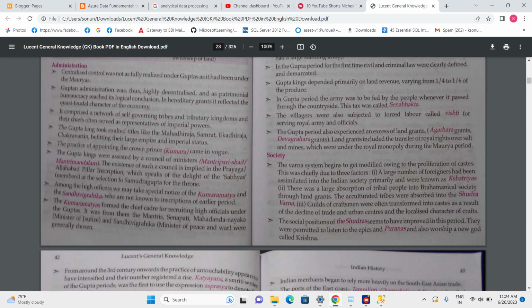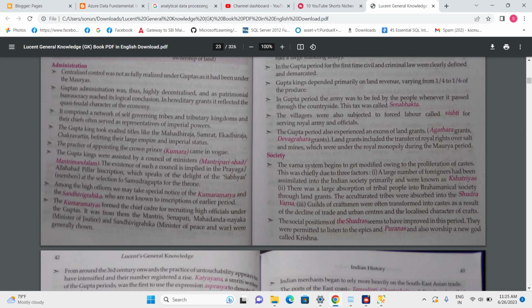Bali was the type of tax in which sometimes kings used to impose some additional tax. Then Uparikara, an extra tax levied on all subjects. So this was also a tax. In the current day we have excise duty and some customs tax. So at that time also there was one tax, Uparikara.